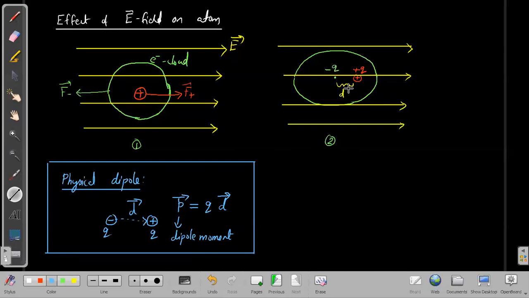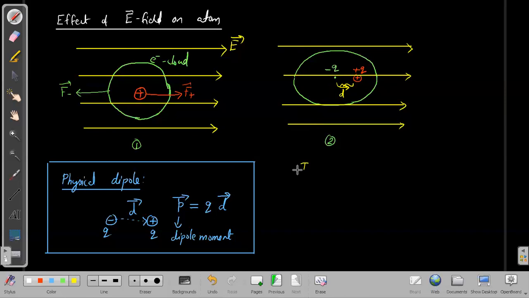The same thing happens here. We can see a charge separation within the neutral atom. This charge separation is also called the production of a dipole. So a dipole will be induced inside the atom if you apply an external electric field.